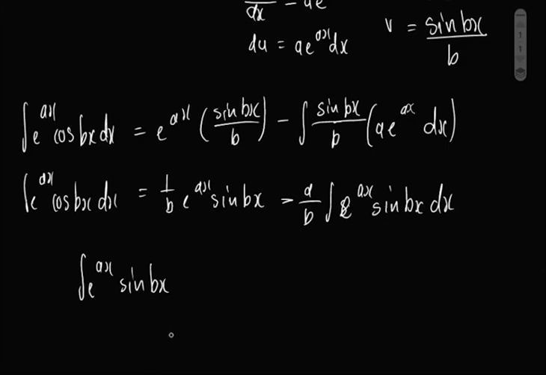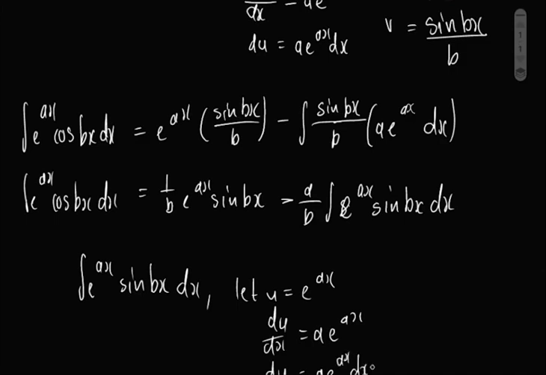With respect to x, of course, I would say let u be equal to e to the ax. Again, that means my du/dx will be equal to a e to the ax, and my du would be a e to the ax dx.